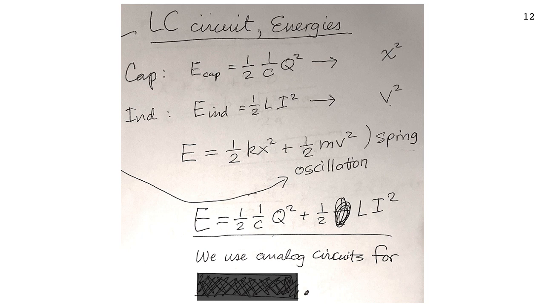And omega depends on, remember what omega depended on for the oscillator, the spring potential? It depended on K and M. So for the inductive circuit, this is the analogy here, it's going to depend on C and L. So omega depends on C and L for the LC circuit.